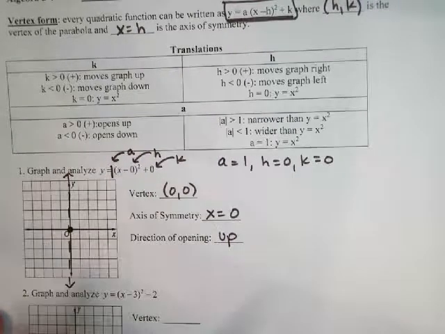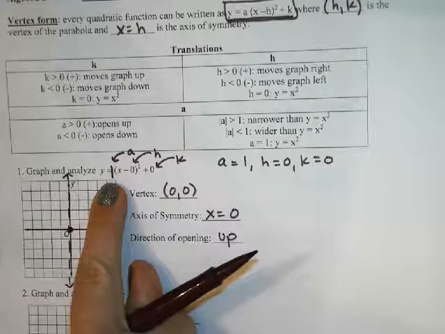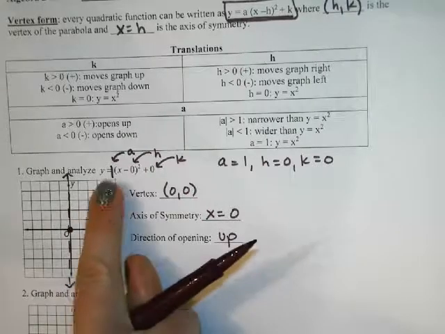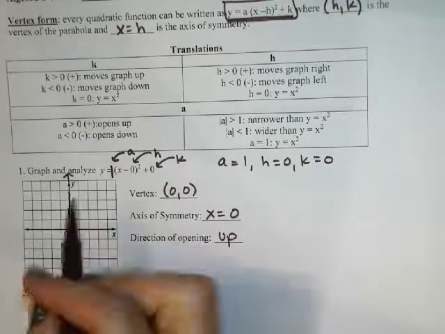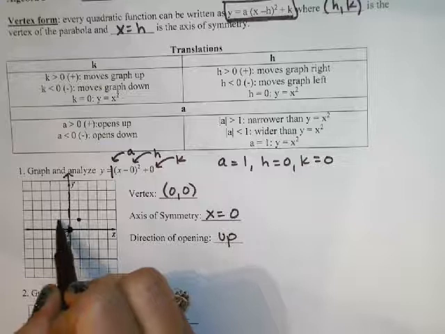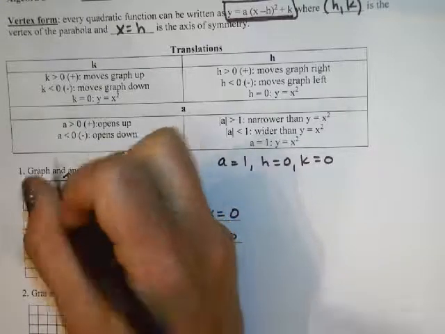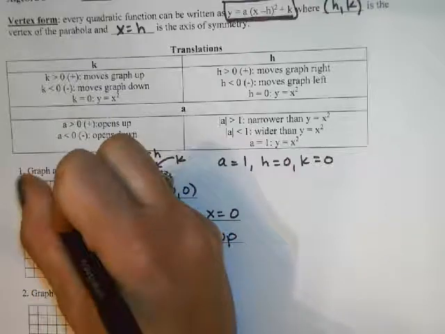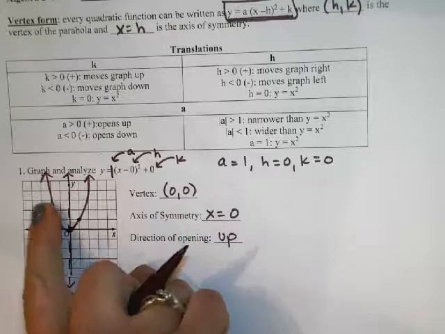We're going to use that a value to get the next 2 points. One of the points has to be your vertex. The other 2 are the next 2 points from your vertex. Be careful, because this only works for the next 2 points. If a is 1, I'm going to go up 1, right 1, up 1, left 1. I can't keep going 1, 1, 1, or I'll get a V shape.